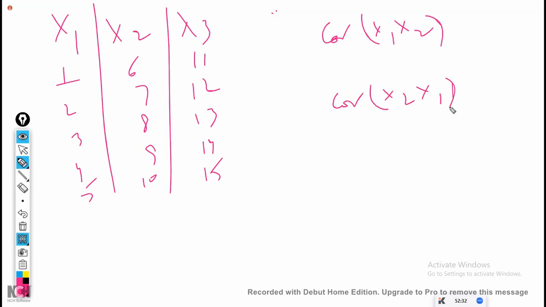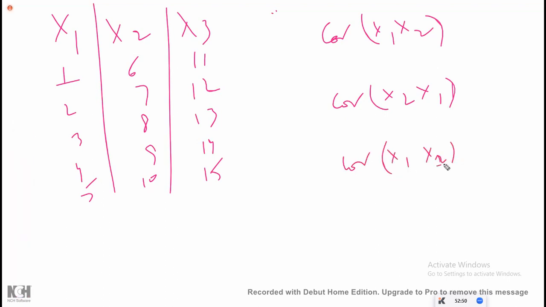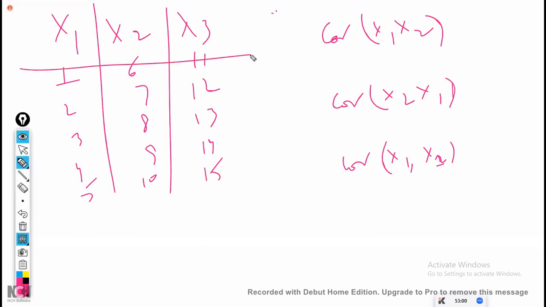Apply the formula, whatever formula you have. Separately, calculate the covariance of x1 and x2, and separately the covariance of x2 and x1. Similarly, if you want the correlation of x1 and x1, calculate. You already know the formulas, right? Just apply the formula and calculate each of them separately.